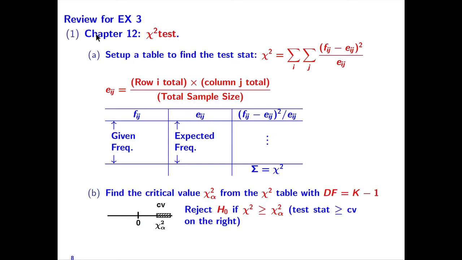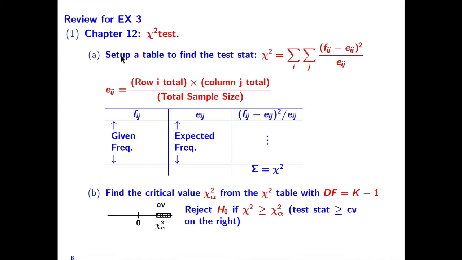Now, review for exam 3. We start with chapter 12, the chi-square test. Step number 1, state H0 versus H1, which is given.